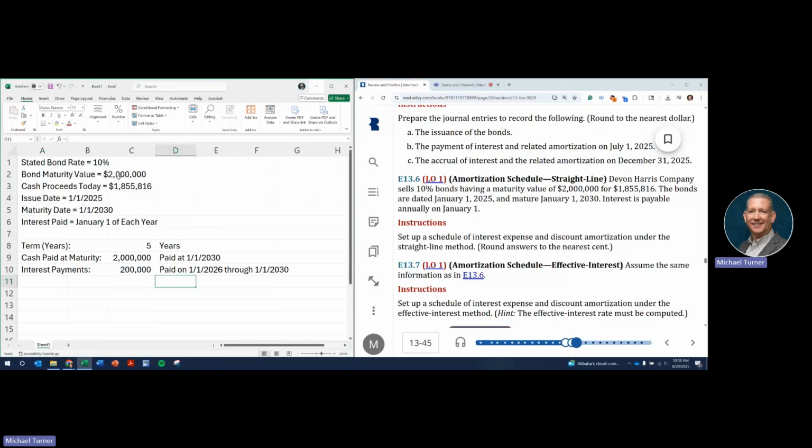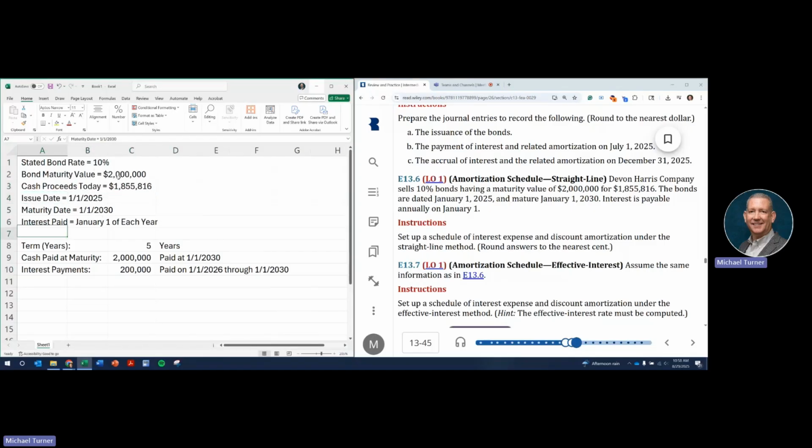So we know the present value of these cash flow streams is $1,855,816. However, what we don't know is the effective interest rate. We know the stated interest rate is 10%, but we do not know the effective rate.